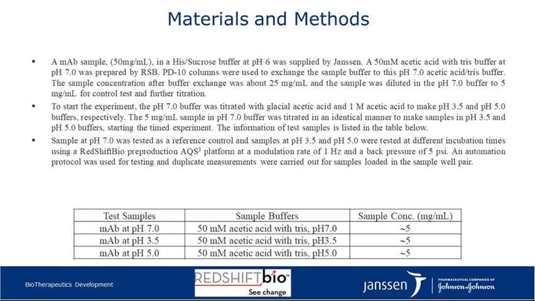We also then worked together with Redshift and determined how much acetic acid was required to add to MAB in an acetic acid tris buffer at pH 7 to obtain two pHs, pH 3.5 and pH 5. And with that in hand, we are able to generate samples, a large bulk sample, which was then dispensed across the different sample positions in the plate for the AQS3 Pro, and assess those over time.